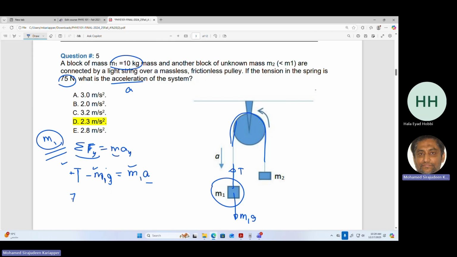T is 75 minus m1, which is 10, multiplied by 9.8, is equal to m1 again, 10 times a. You can easily solve this. You don't even need to do the equation solving, but if you want, you can. Okay, it's fine. Let me bring my calculator.